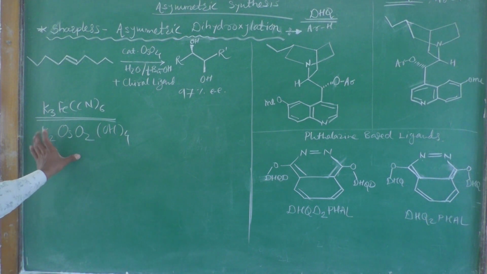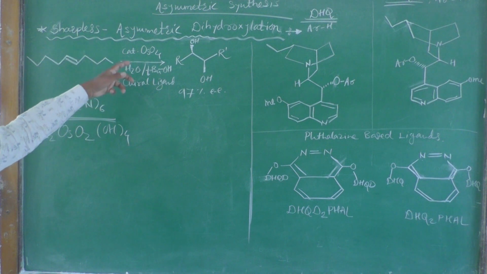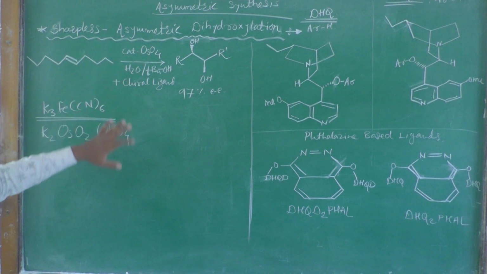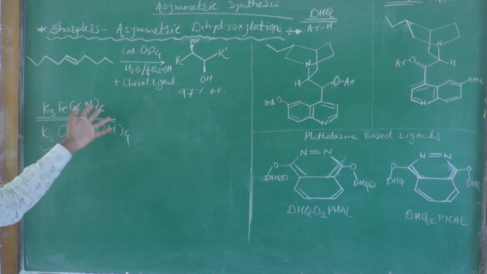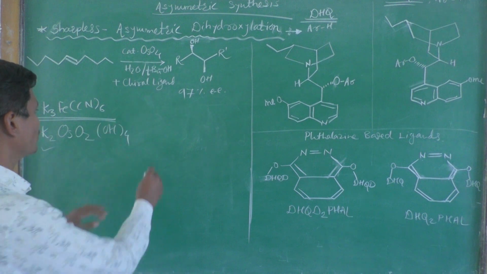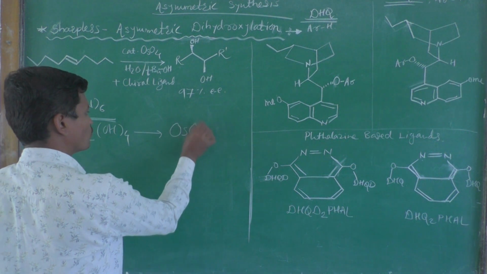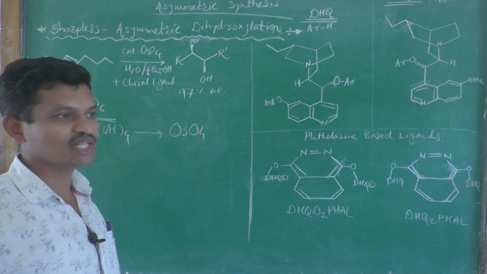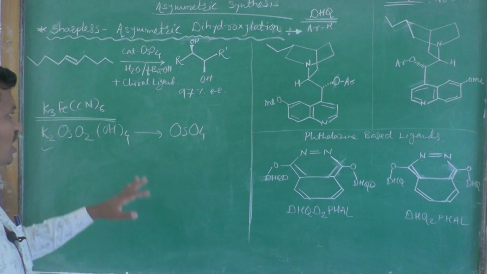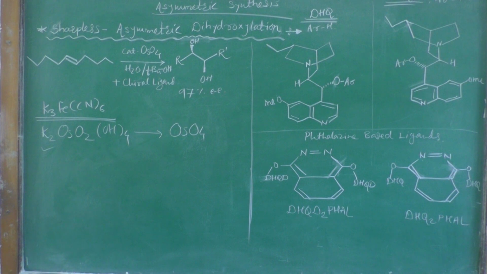This reagent is used instead of directly using OsO4, and in this reaction mixture it is the source of osmium, and with water and tertiary butyl alcohol, OsO4 is generated in situ in the reaction mixture. So these are the sources of osmium.